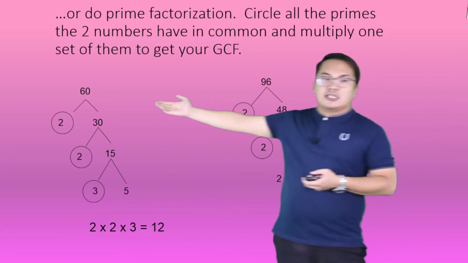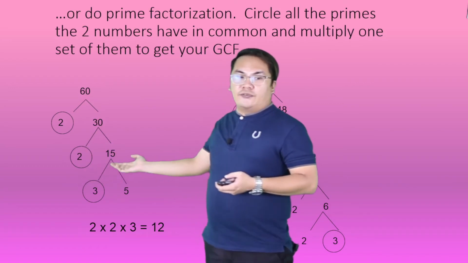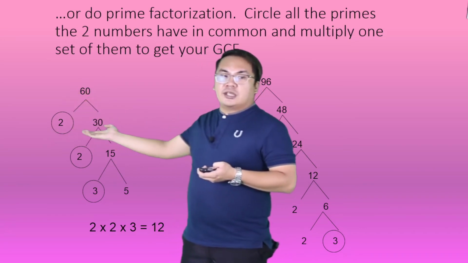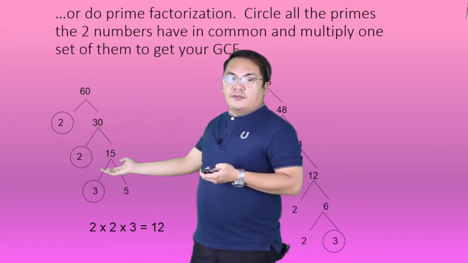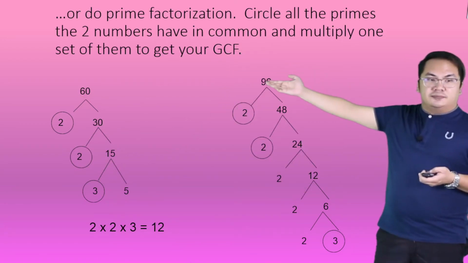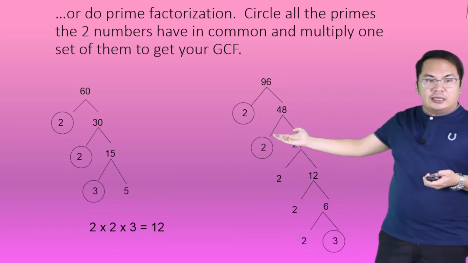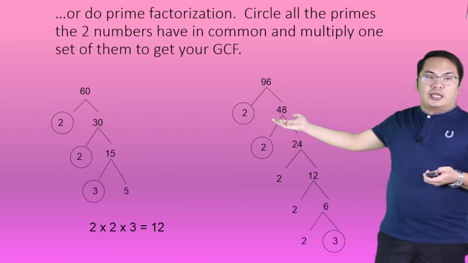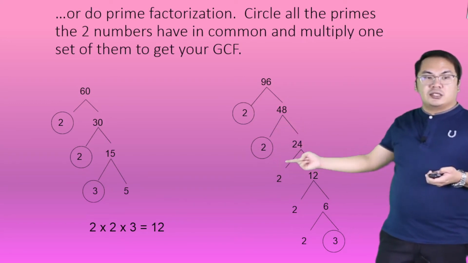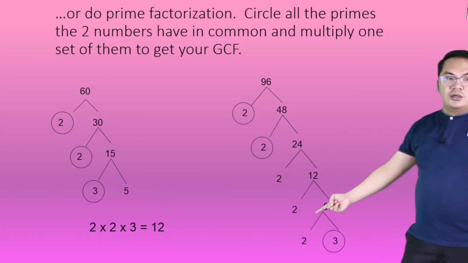Clear? So we have here 60. 60 divided by 2 is 30. 30 divided by 2 is 15. 15 divided by 3 is 5. So 2 times 30 is 60, 2 times 15 is 30, 3 times 5 is 15. Now we have here 96. 96 divided by 2 is 48. 48 divided by 2 is 24. 24 divided by 2 is 12. 12 divided by 2 is 6.